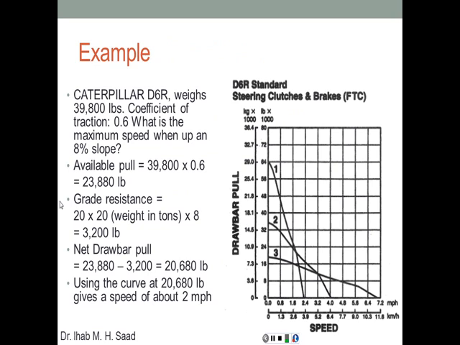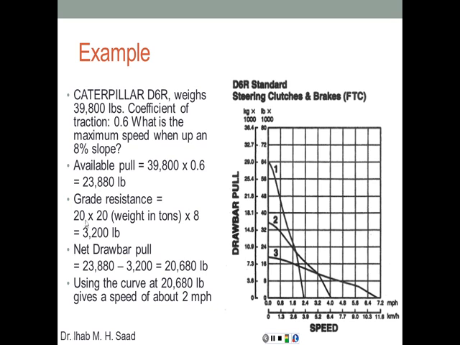So the available pull is going to be the weight on the driving axles times the coefficient of traction. Here, by the way, we use the whole weight, which means that it's a four-wheel drive. So 39,800 times 0.6, which is equivalent to 23,880 pounds. That's the available pull.